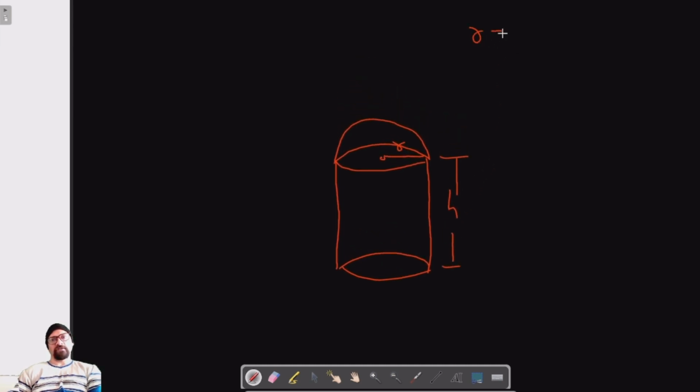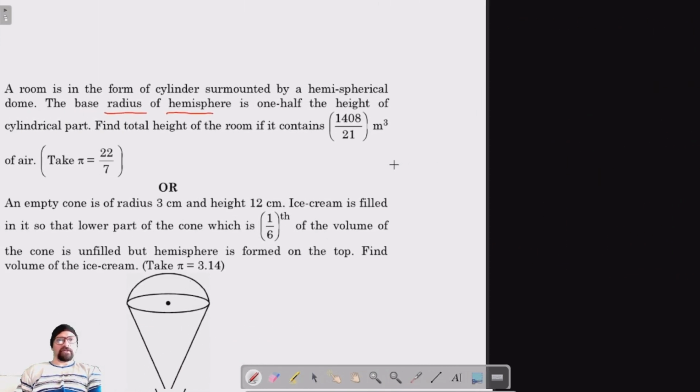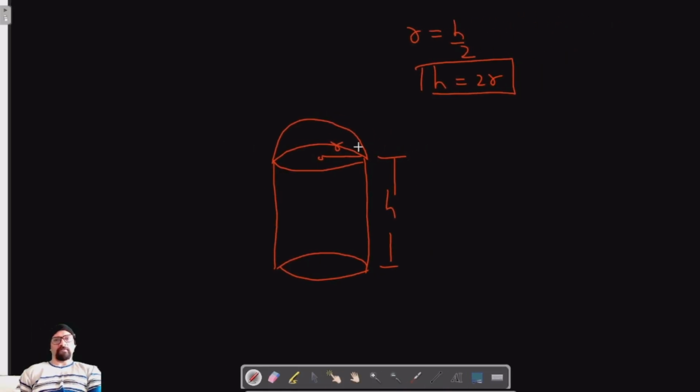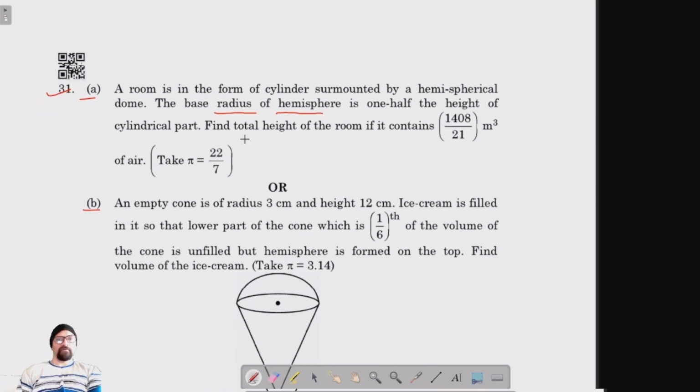So the base radius is half of the height, which gives us height equal to 2r. The base radius and the radius of the cylinder are the same because the hemisphere is surmounted on the cylinder. We have to find the total height of the room.